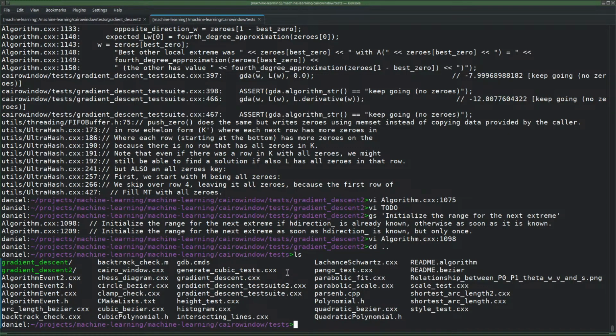Yeah, I don't have already examples that just allow me to draw a cubic, I think. I can draw Bézier curves.